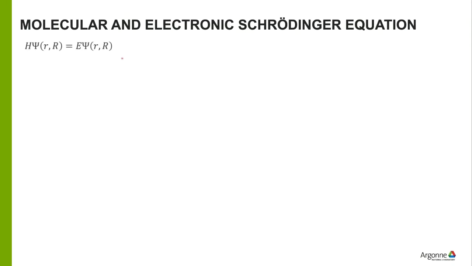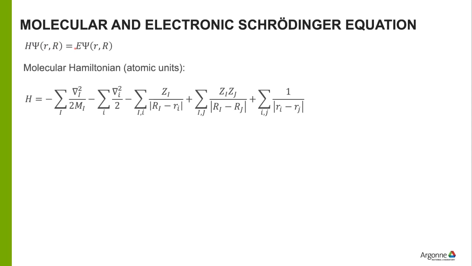So you start with the molecular time-independent Schrödinger equation, where H is the Hamiltonian of the system, psi is the molecular wave function that depends on the coordinates of the electrons and the nuclei, and E are the eigenvalues of this Hamiltonian, or the energy of the system. So in atomic units that are commonly used in quantum chemistry, this molecular Hamiltonian takes this form.